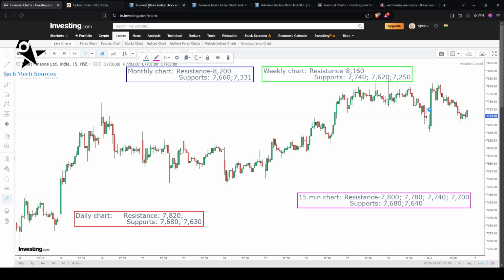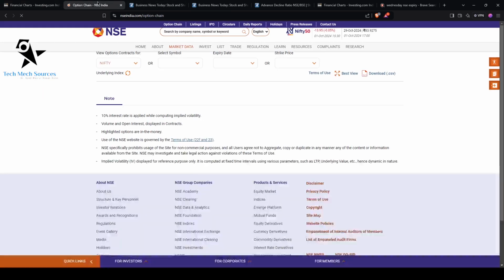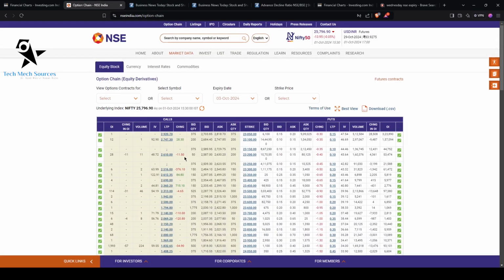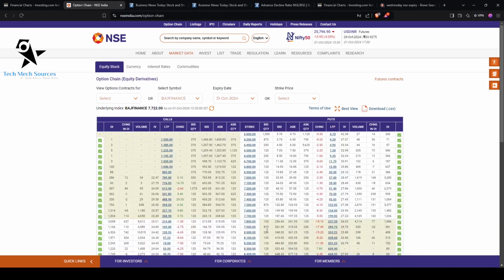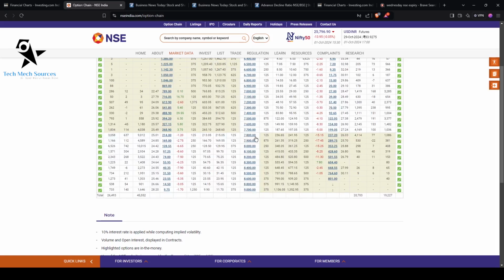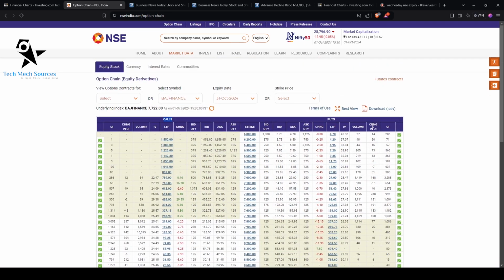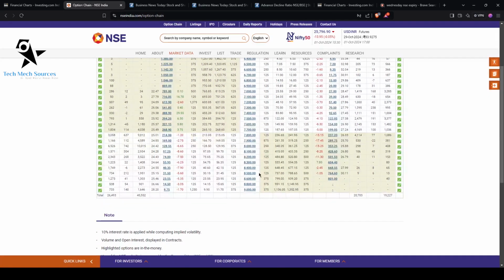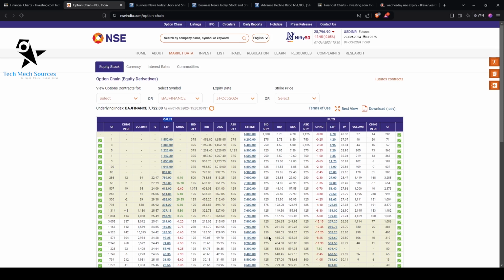Now let us see the option chain of Bajaj Finance. So we'll select the symbol from here, Bajaj Finance. It closed at 7,730. So we can see the option chain. Here you can see this is on the left call side, on the right put side.